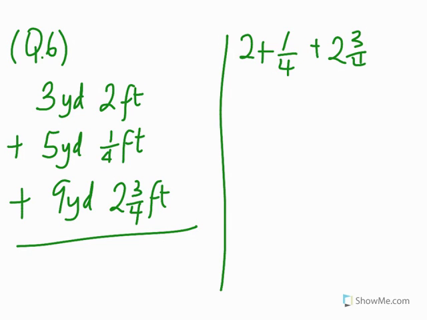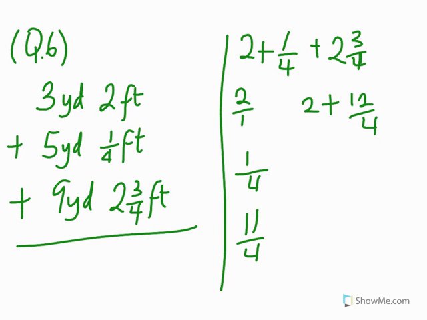Okay, so when you add it up, 2 1/4, then 4 times 2, 8 plus 1, 9/4, right? Of course, this is like saying 2 plus 12/4. Rather than solving it as a fraction, we can easily get it. Which is 2 plus 3, which is 5. So we have 5 feet.